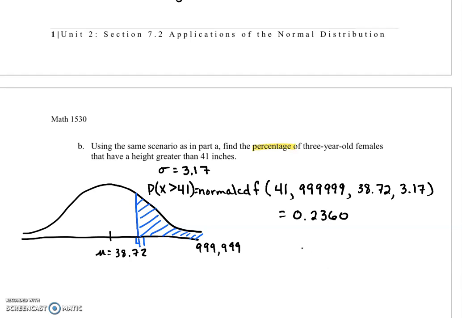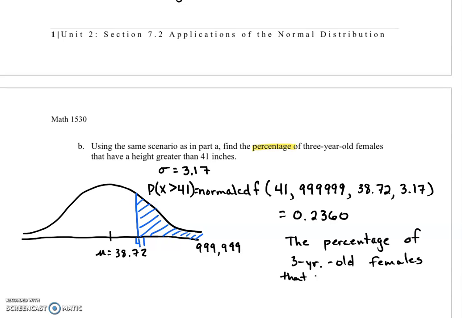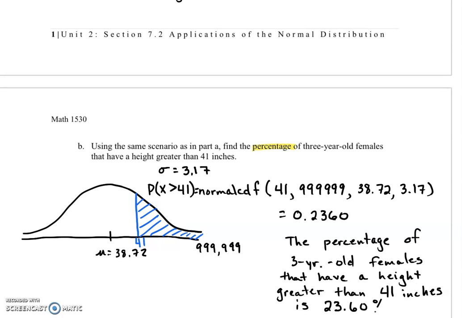So to actually answer the question, we would say the percentage of 3-year-old females that have a height greater than 41 inches is, and we have to change our decimal to a percent, so that's 23.60%.